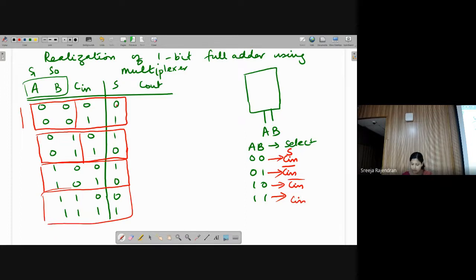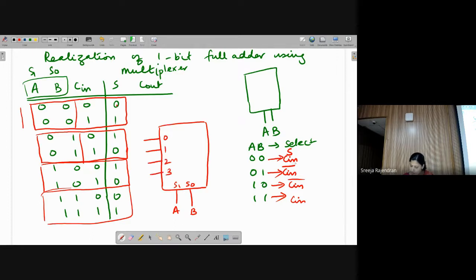Now I'm going to draw my multiplexer. My multiplexer has two select lines. That means how many inputs? Four inputs, right? Two select lines means 2 to the power 2 inputs. M select lines, 2 raised to m inputs. So my select lines S1, S0, I give A and B. My inputs are 0, 1, 2, 3.